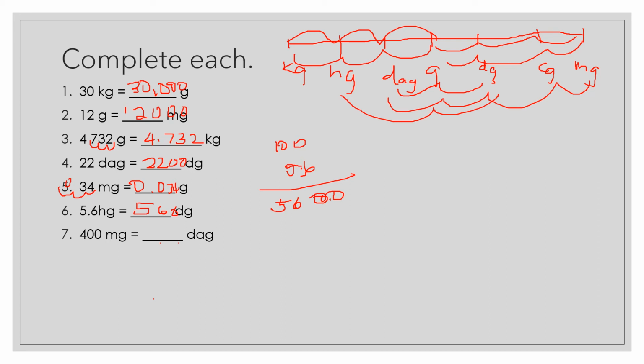We move 1, 2, 3, 4. So if you're going to put the decimal, 0.4, kasi wala na rin naman tong dalawang zero. So what you have to do is just to put the decimal point. Okay? 0.4.